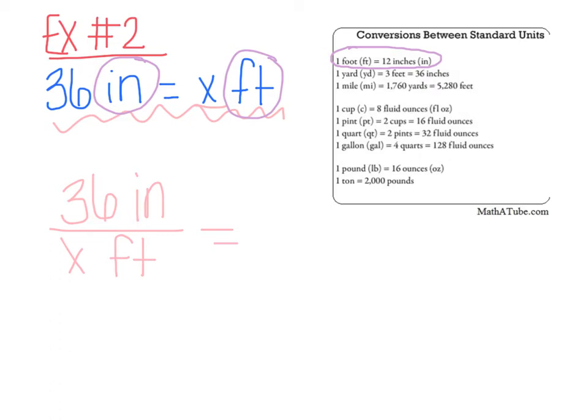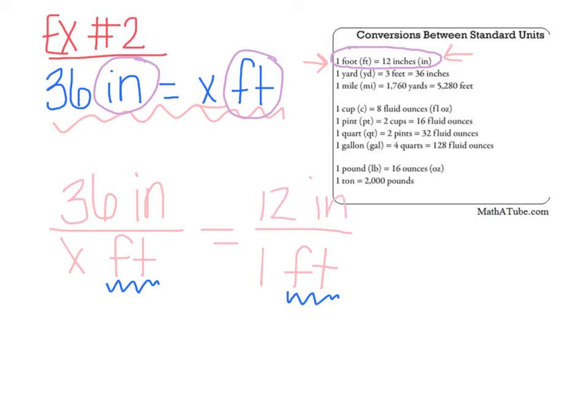Even though it says 1 foot first, I have to put that on the bottom because I have feet on the bottom here. So I have to have feet on the bottom on the other side. I have to keep them the same. So again, from my chart, 1 foot equals 12 inches.